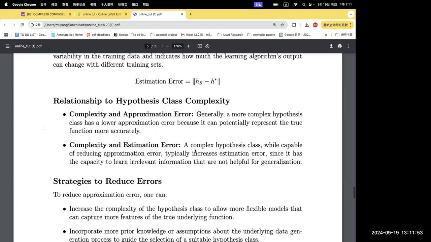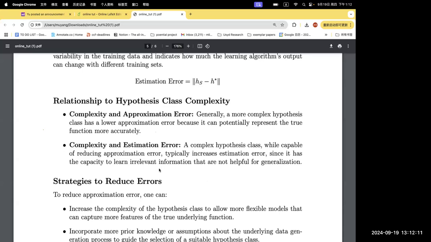This is because if we are increasing the complexity, it means our hypothesis class will have more capacity to learn the random or the noisy information within the input distribution, right?